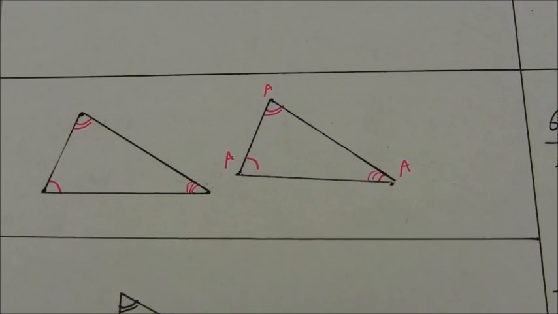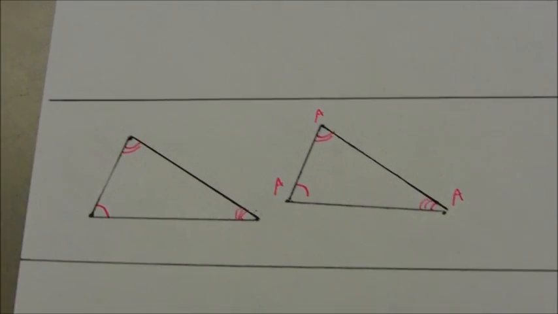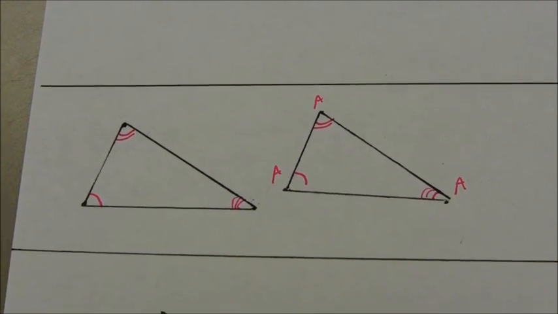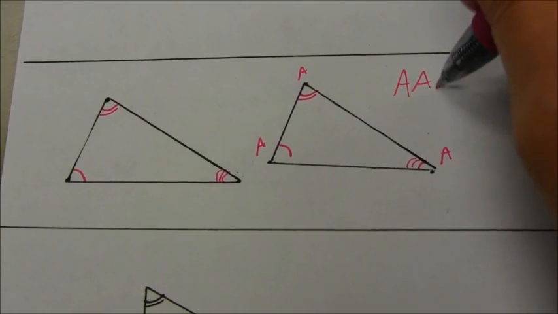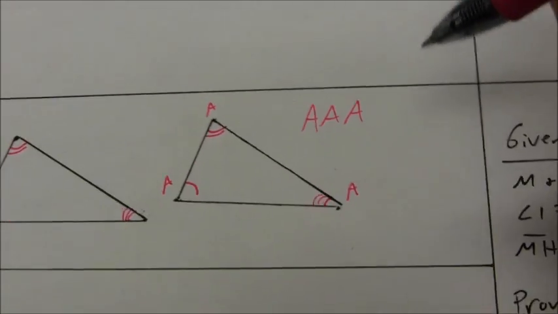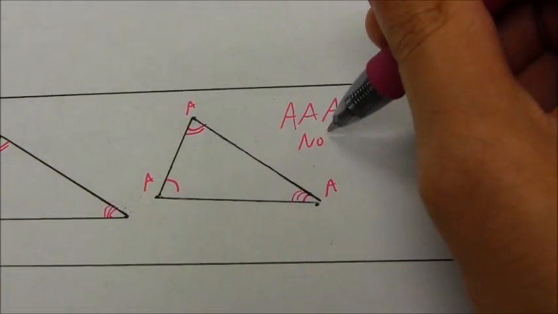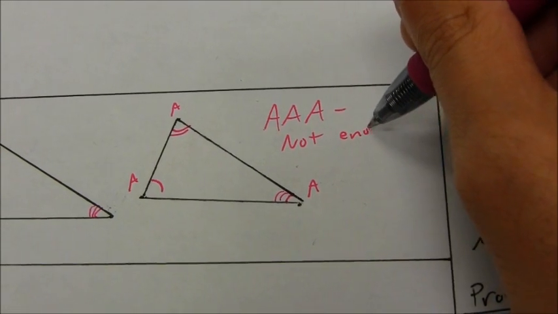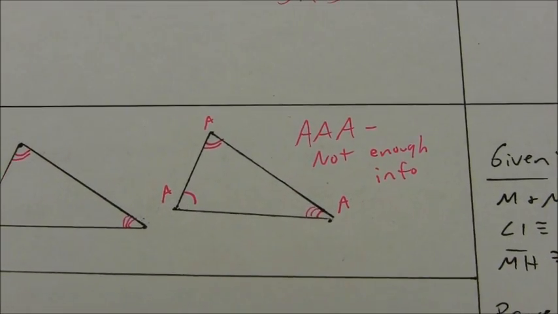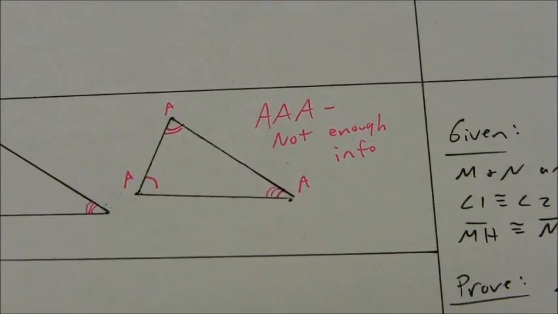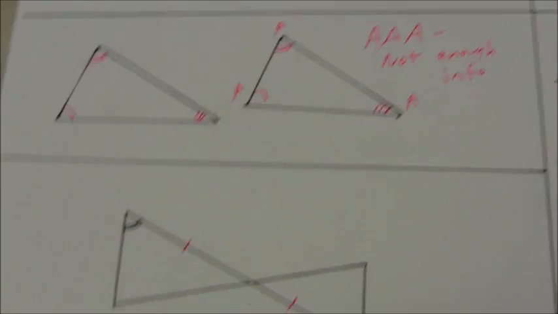One triangle could be a dilation of the other triangle, even if only a slight dilation. So those two triangles are not necessarily congruent. So the relationship there is angle, angle, angle. However, that's not enough information to prove congruence. They may or may not be congruent. Can't say that they're not congruent, we just don't know that they are.